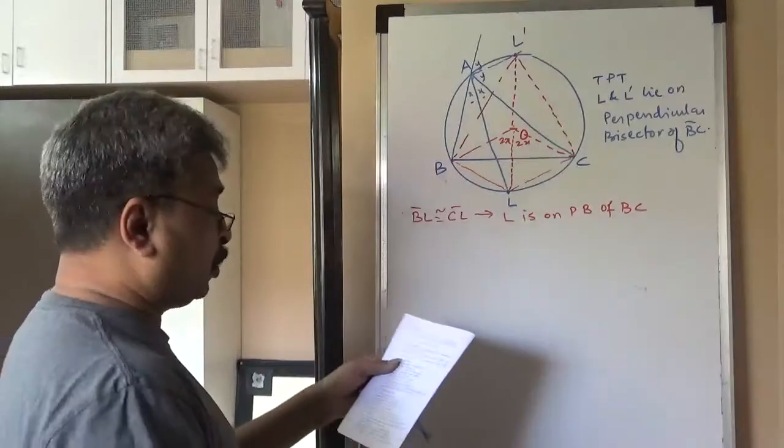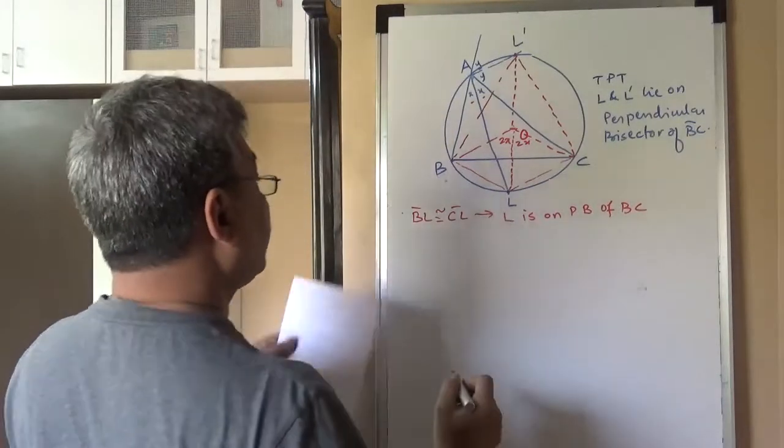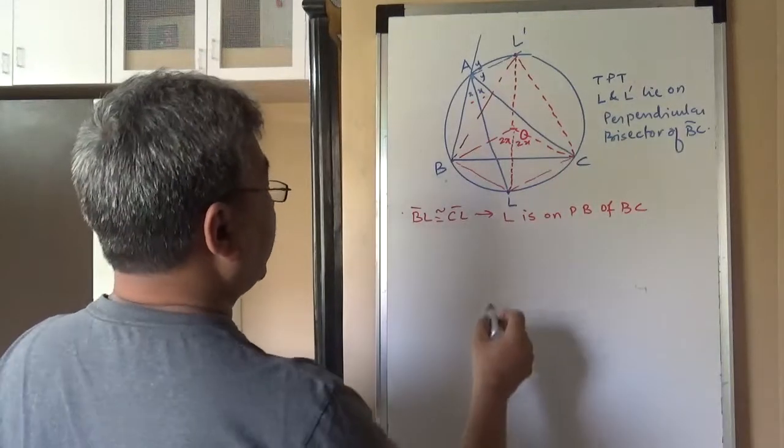Here another important formula we can derive is the area of a triangle. One more formula for the area of a triangle, because now we have done similarity.